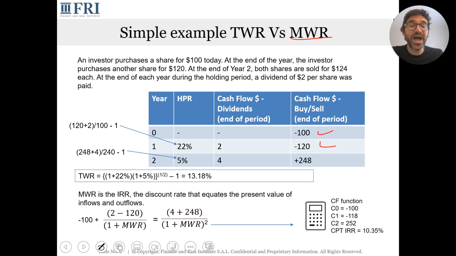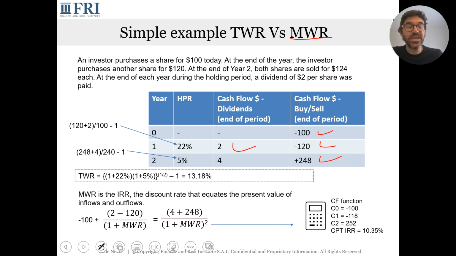That's a second outflow of 120 that leaves my bank account to acquire this second share. But don't forget that you also earned a $2 dividend, and this is a cash inflow. So this cash inflow needs to be taken into account, and the net cash outflow for year 2 is negative 118.